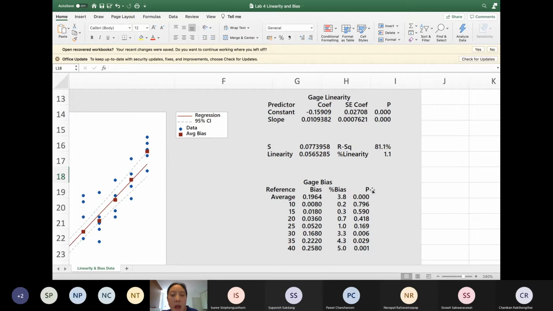That's correct, but what is wrong is that you remembered it wrongly. When the p-value is greater than alpha, you should conclude that it is not significant.